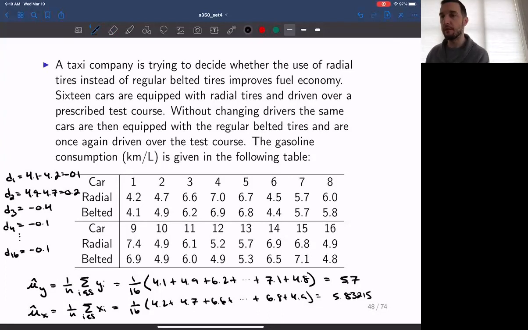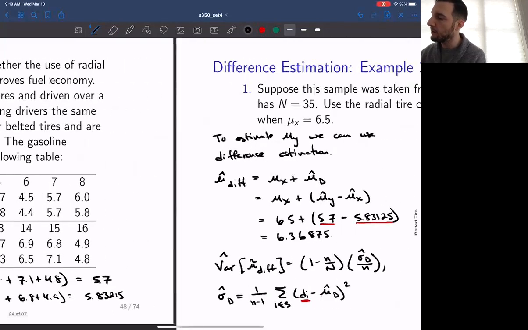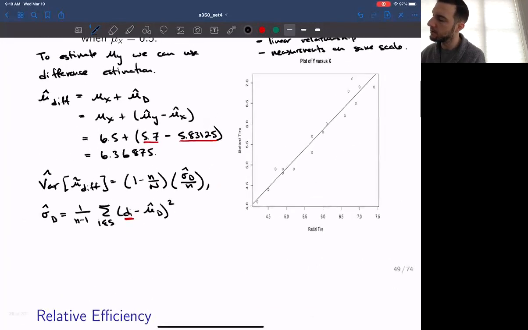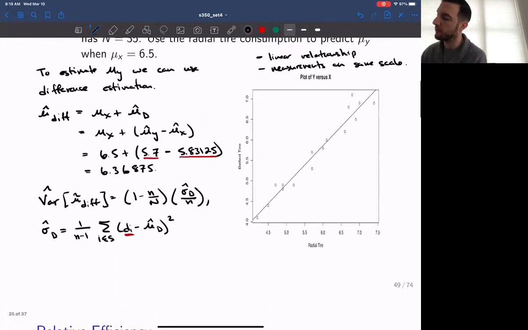Okay, so there's simply the differences between each pair of observations in the data set. So our variance calculation here is actually just the variance of these differences, except that we're taking it around mu hat d, which should work out to be the same thing. But we're taking it around mu hat d, which should be very similar to the mean of the di directly. But that's something that we could actually check to see if there is a little bit of a difference. But I don't expect that there would be.